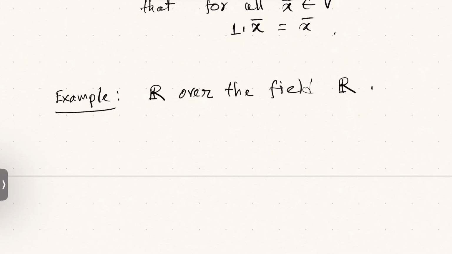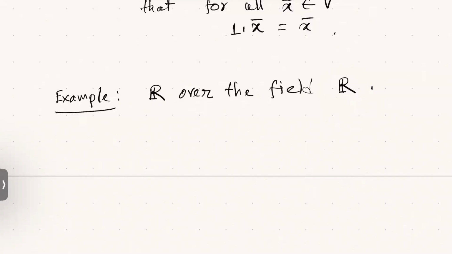So I'm considering the real number set as a field. Also, I'm considering a structureless real number set. So this real number, so far there is no structure in it, but this real number, it has a structure on it.